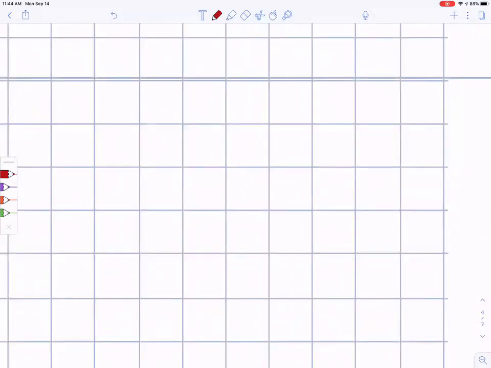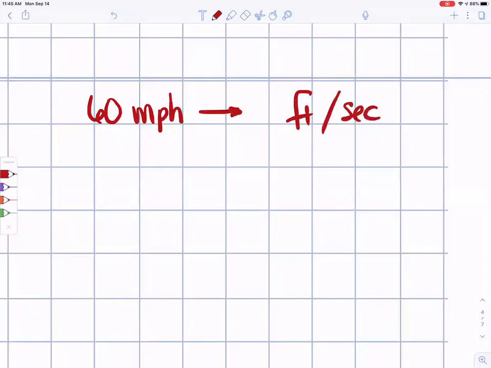Do you remember math questions that involved you to convert units? So for example, what if I said convert 60 miles per hour into feet per second? Do you remember these kinds of questions?